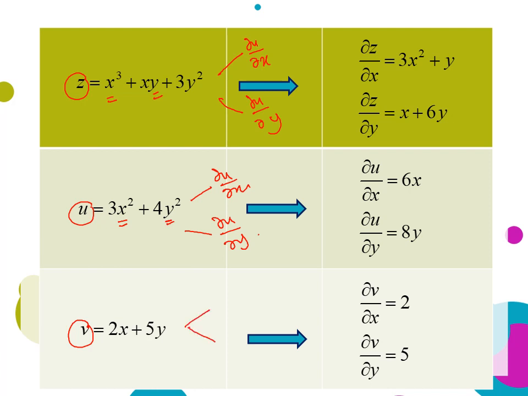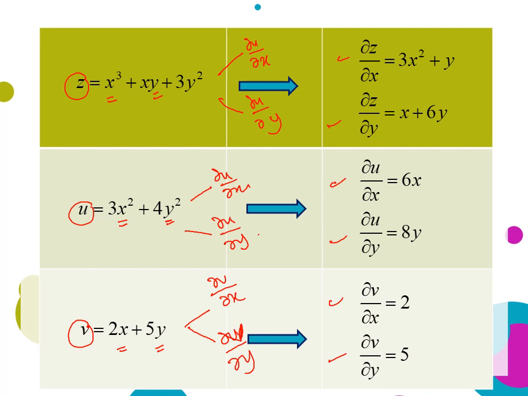Same goes to v, partially differentiate del v with respect to x because you have variable x here, and partially differentiate your v with respect to y because you have variable y in v as well. Right, so these are their respective partial derivatives with respect to the variables.